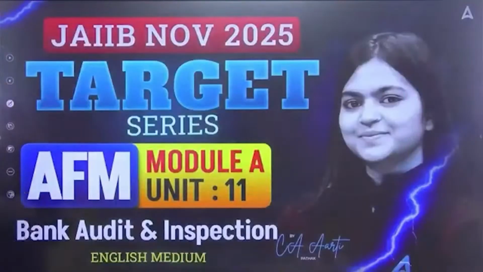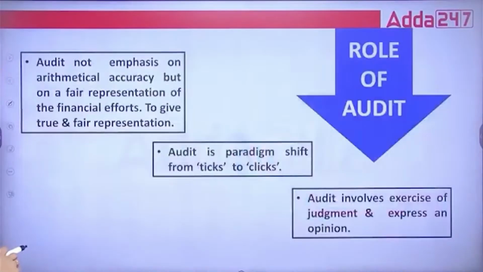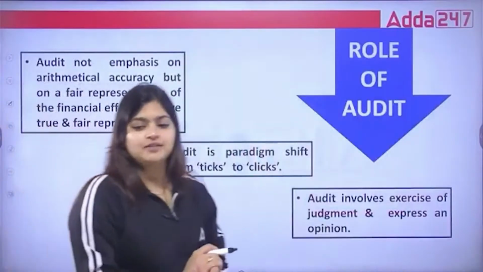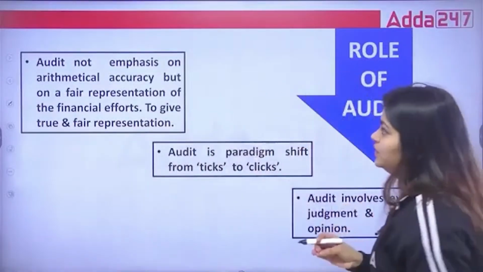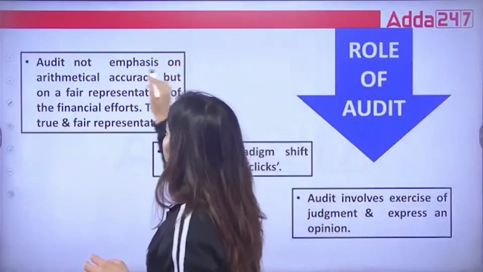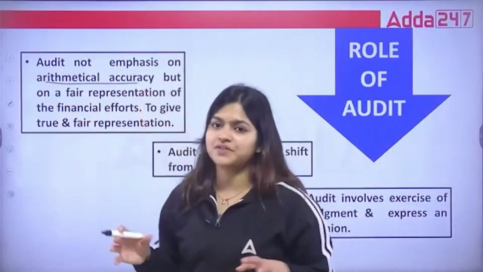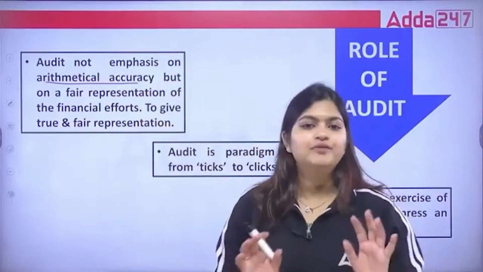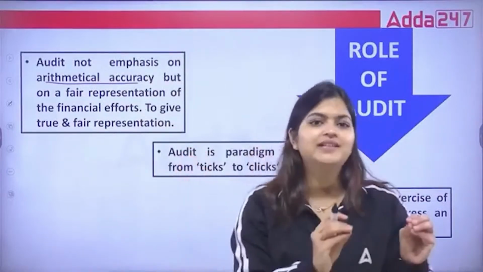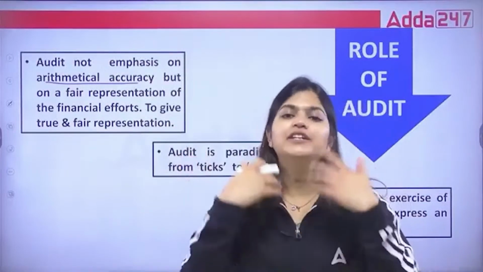Now, next is the role of audit. What is the role of audit? Basically, we have three roles. Audit does not emphasize arithmetical accuracy. As an auditor, we are not calculating. We are not preparing the data. Yes, that data you have prepared.